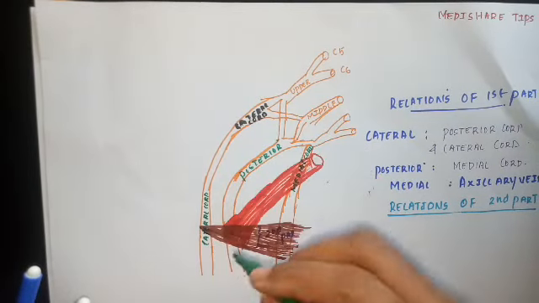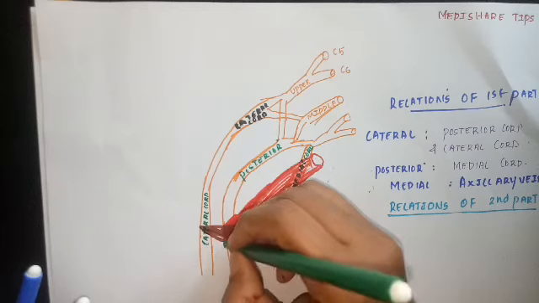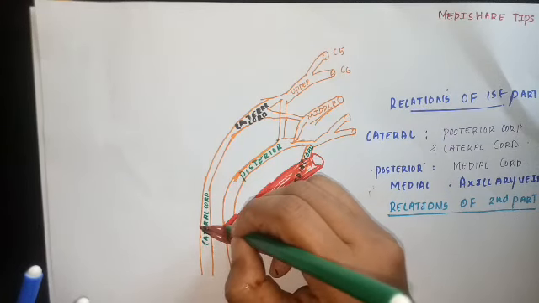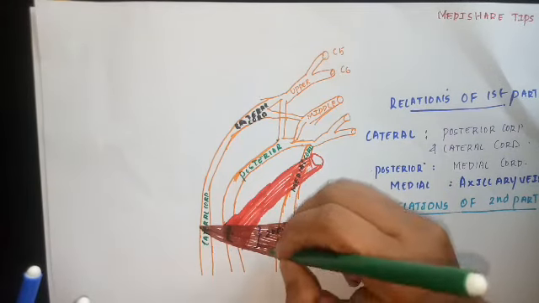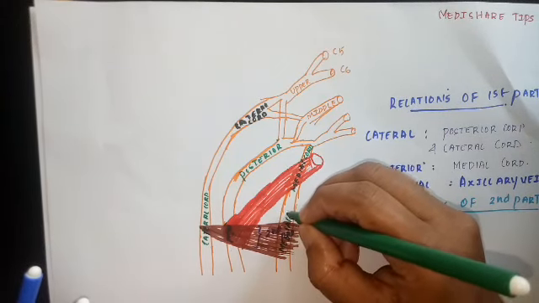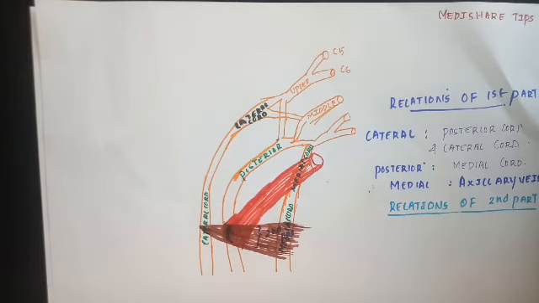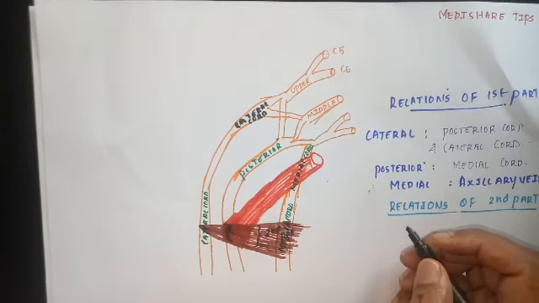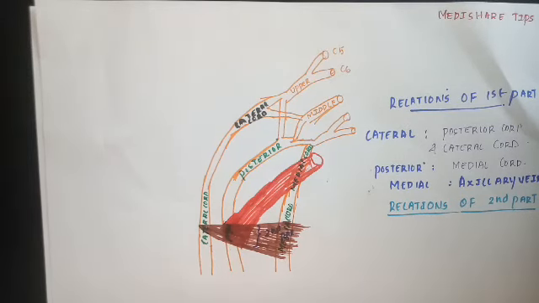So the posterior cord lies posterior to the second part of axillary artery. This is the posterior cord, and the medial cord lies medial. So in the second part of axillary artery, the cords are arranged according to its name.